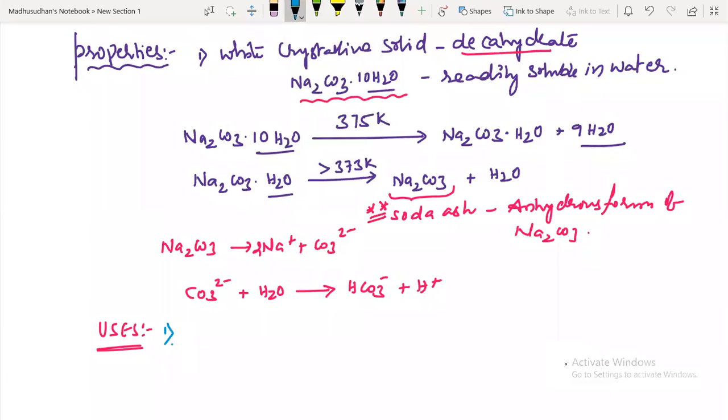What is its use? It is used in water softening, mainly for cleaning purposes, cleaning and laundries.